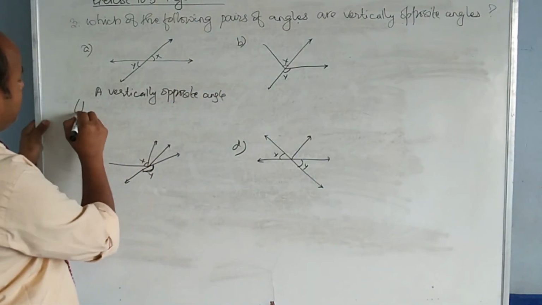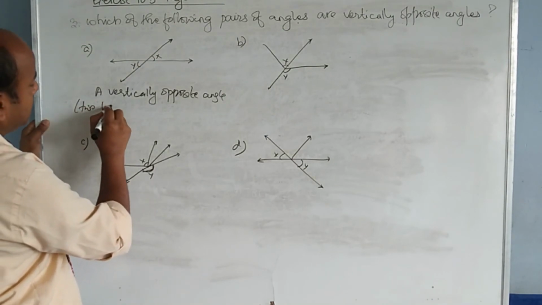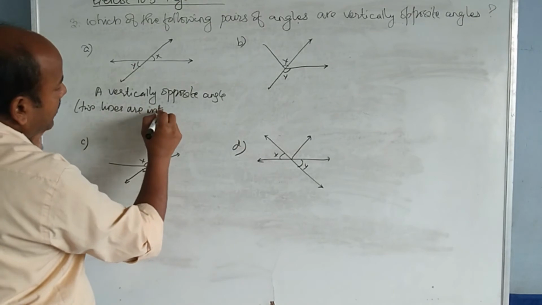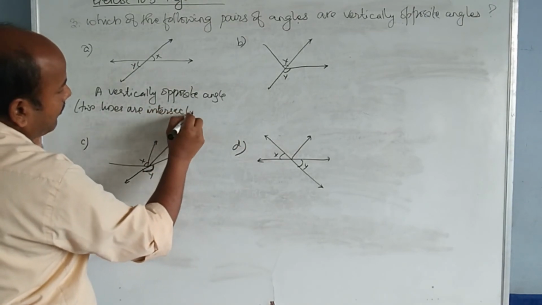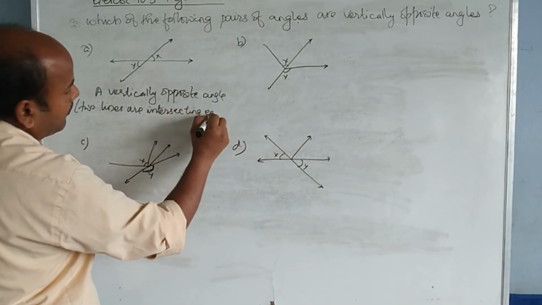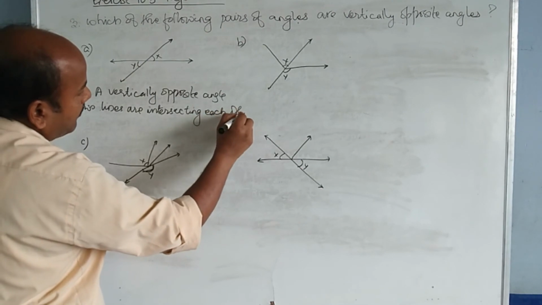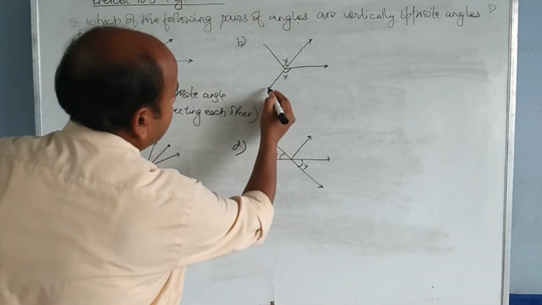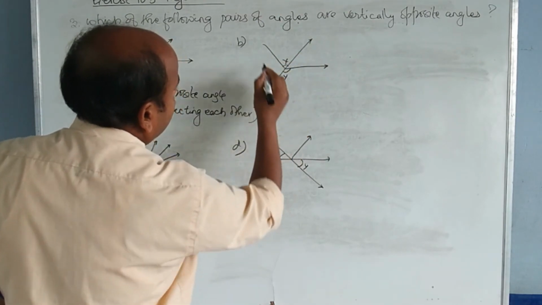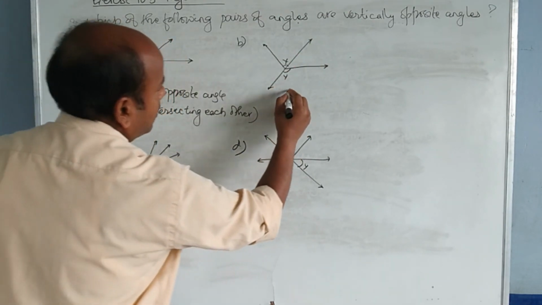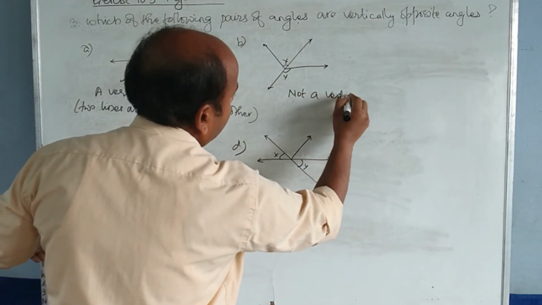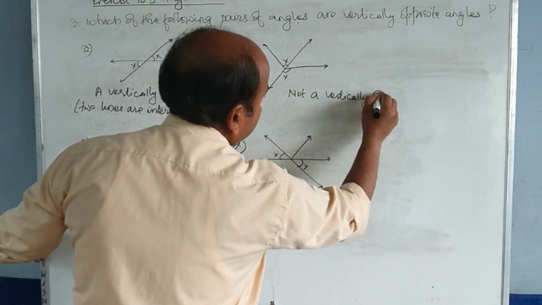You can say two lines are intersecting each other. Here, one pair I can see, one pair here, but another pair I don't see. So, not vertically opposite angles.